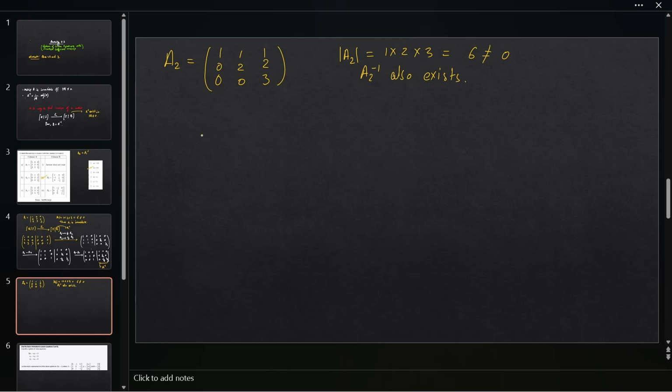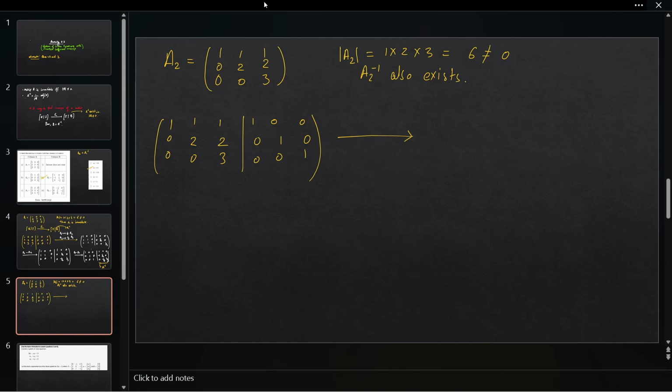Now let's perform the same operation with A2 to find its inverse. We are going to write 1 0 0, 1 2 0, and 1 2 3, and then the identity matrix over here, 1 0 0, 0 1 0, and 0 0 1. Okay.